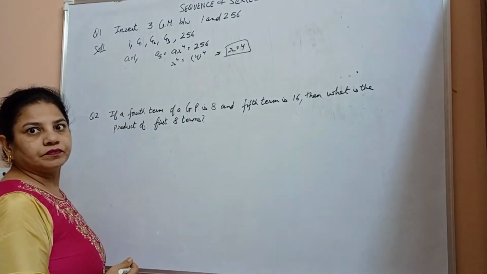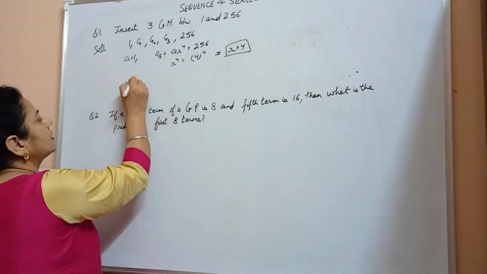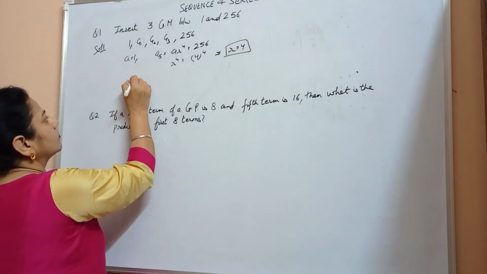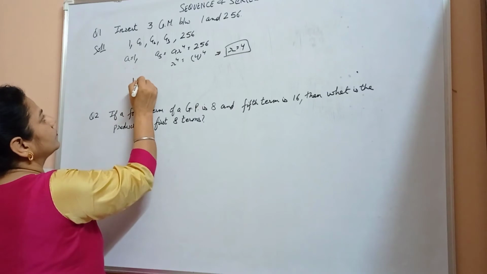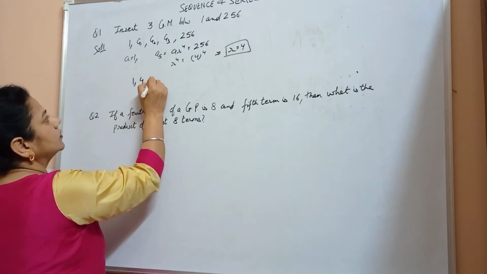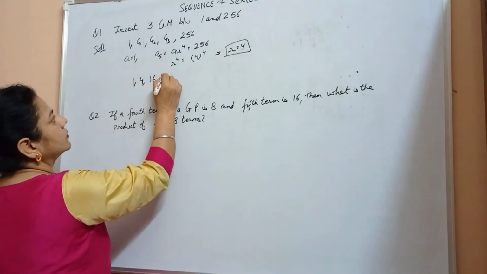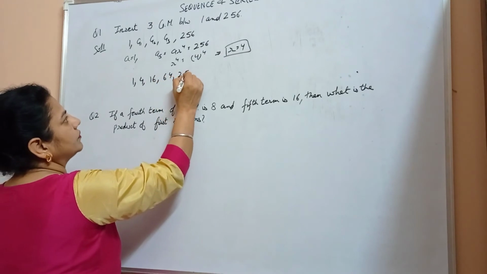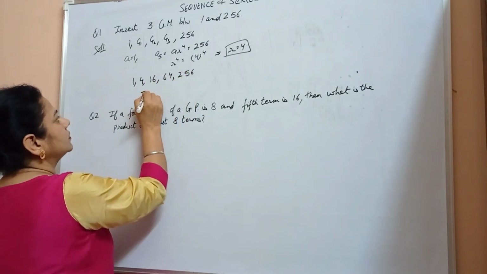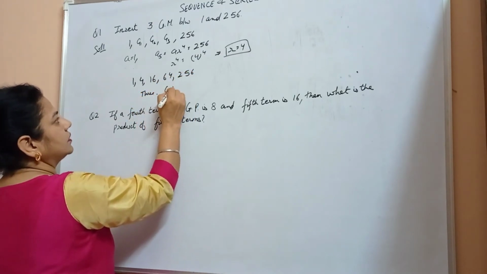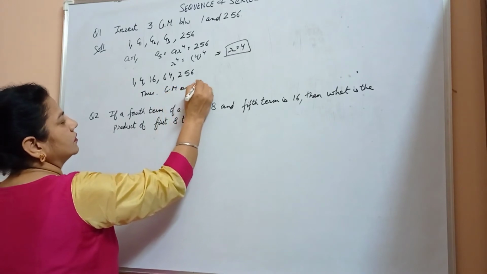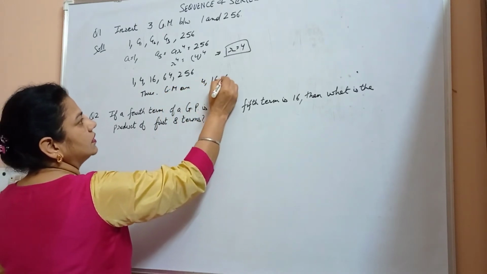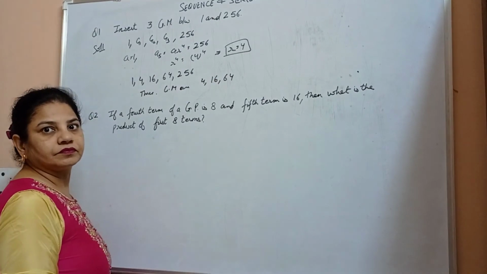The common ratio is 4. And the terms are 1, 4, 16, 64 and 256. So the 3 geometric means are 4, 16 and 64.